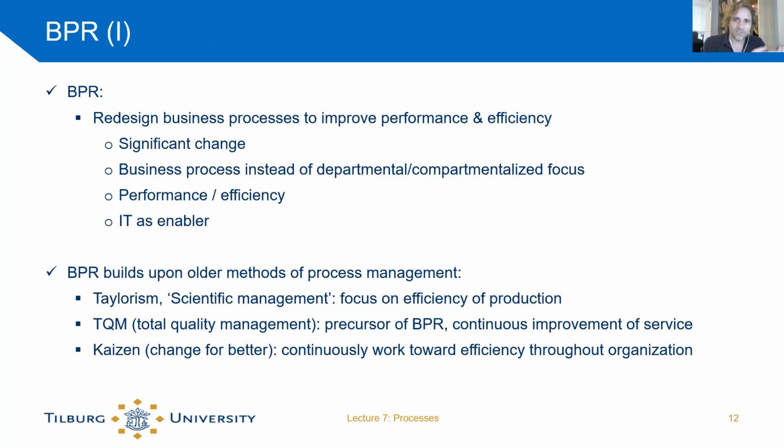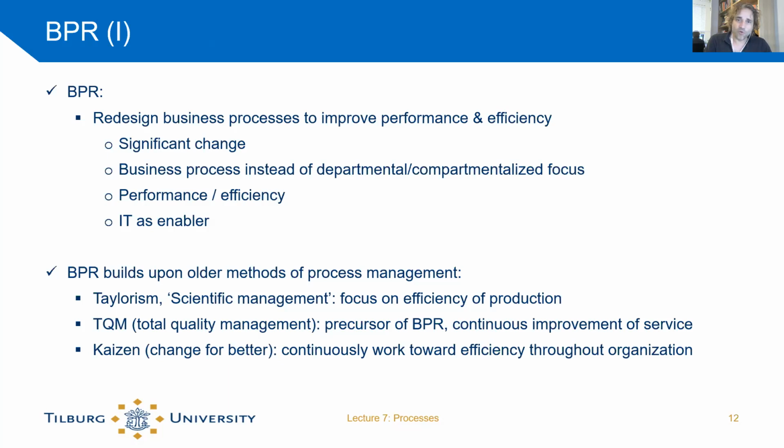This has been going on for a few decades now. And that's why we have business process reengineering: in order to go from the departmental and compartmentalized focus of an organization more to a business process focus, in which we redesign the organization into business processes instead of compartments.